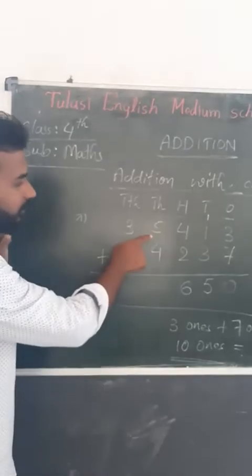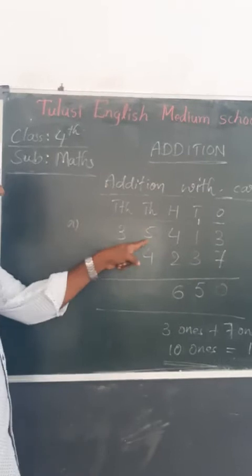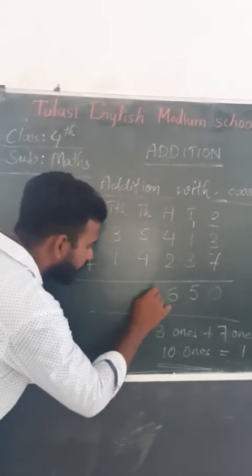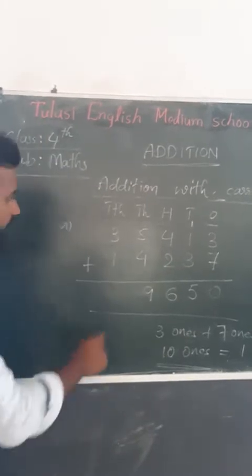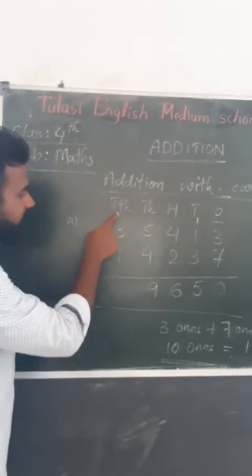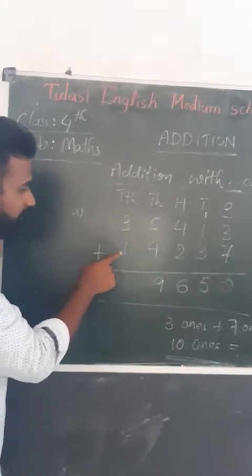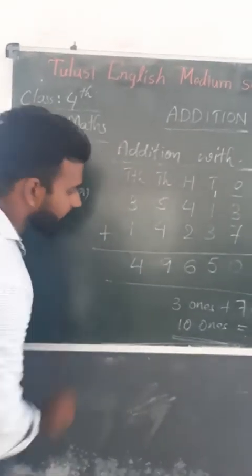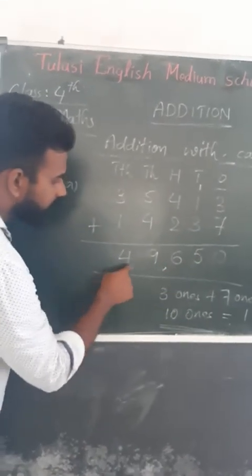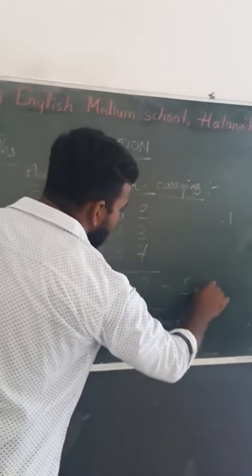No carry. 5 thousands plus 4 thousands. 5 plus 4, 9. If it is more than 9, we have to take carry. 3 ten-thousands plus 1 ten-thousand. 3 plus 1, 4. 49,650 is the sum.